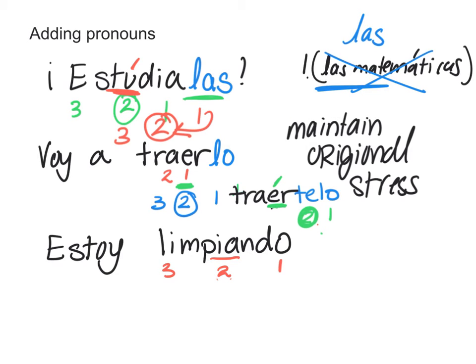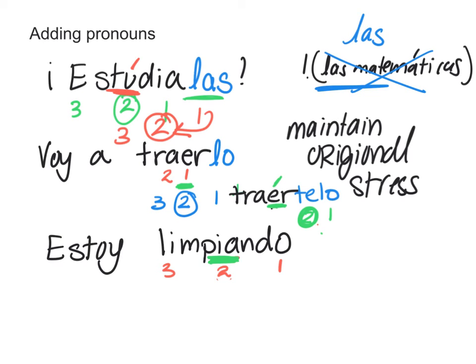So now let's figure out which of these three syllables, lim, pian, or do, gets the most stress. Well, here's a big clue. It ends in an O, so our rule says that our second to last syllable should get the stress, and it does. Okay, so the IA is one syllable. It's a diphthong.